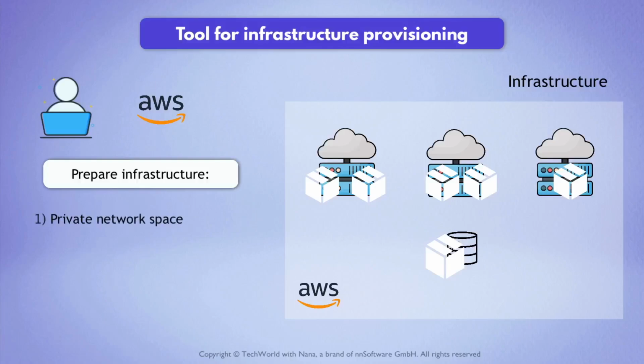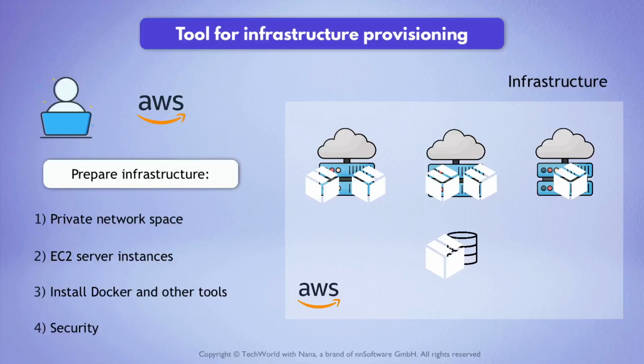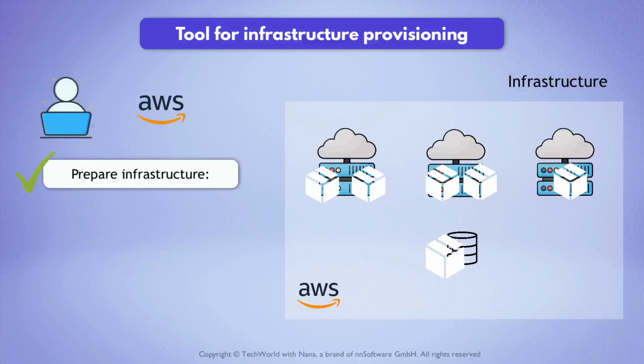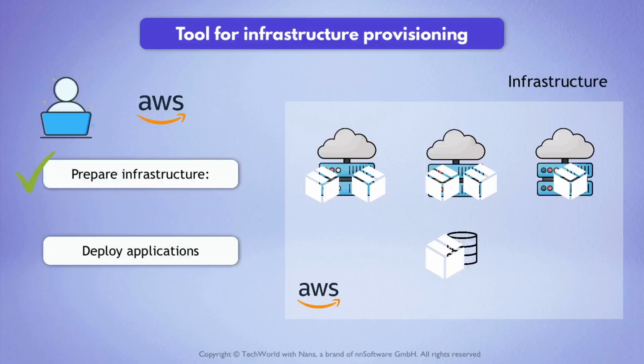This means you create your private network space, you create and deploy EC2 server instances, you install Docker on each one of those, plus any other tools that you might need for your application. You set up security on your servers, like firewalls, you set up network, etc. Once the infrastructure is prepared, you can now deploy your Docker applications or Docker containers on that prepared infrastructure.